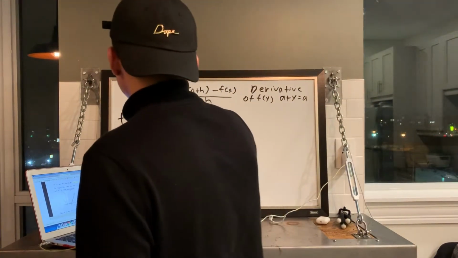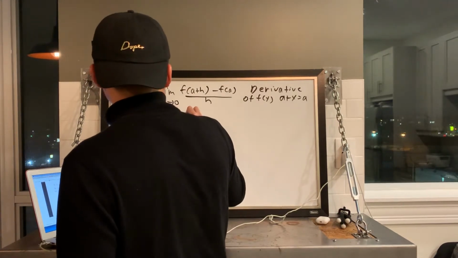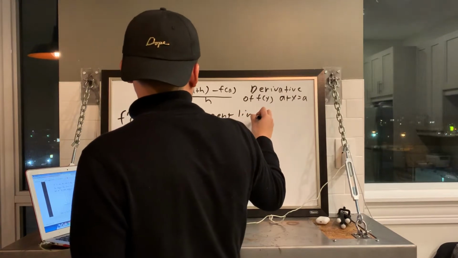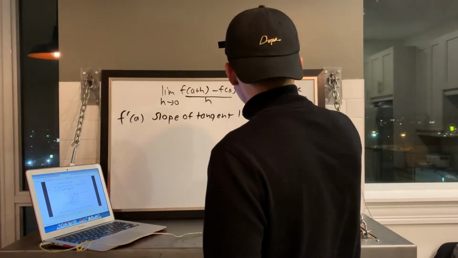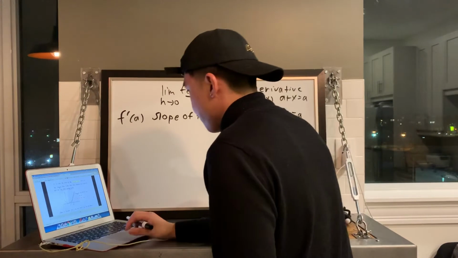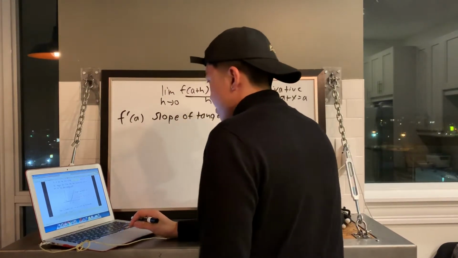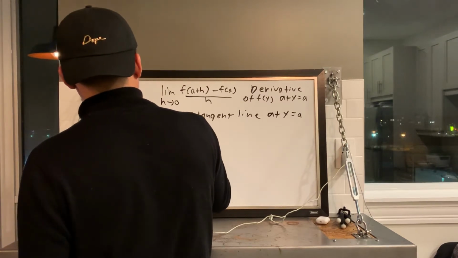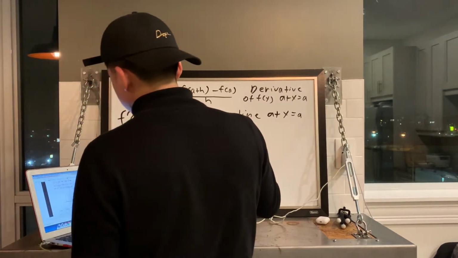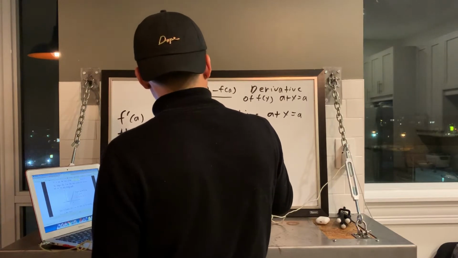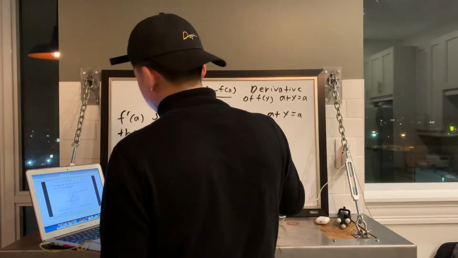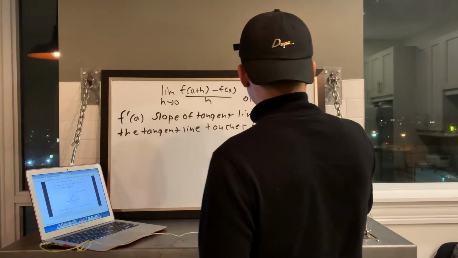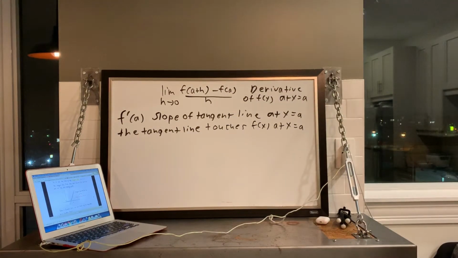it's the slope of the tangent line. The slope of the tangent line. Okay? At x equals a. It's the tangent line that touches f of x at x equals a.